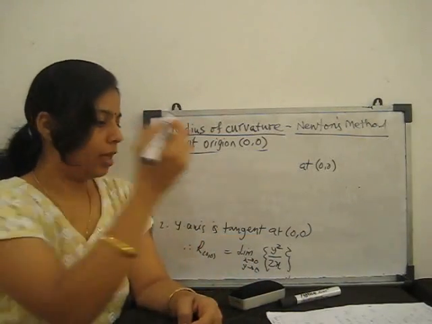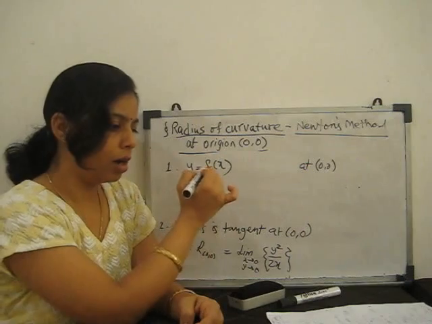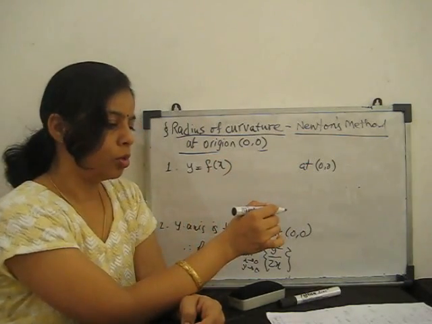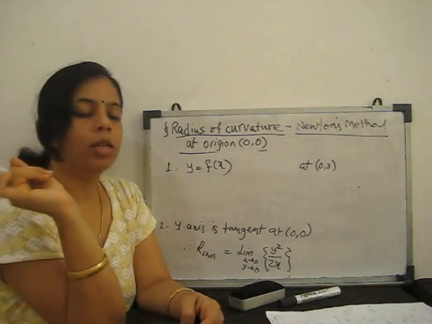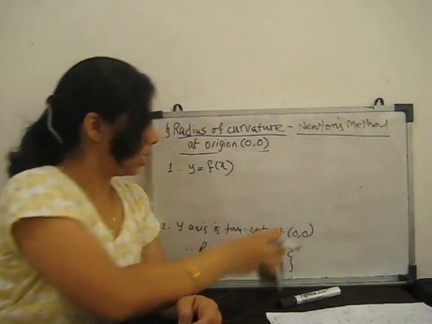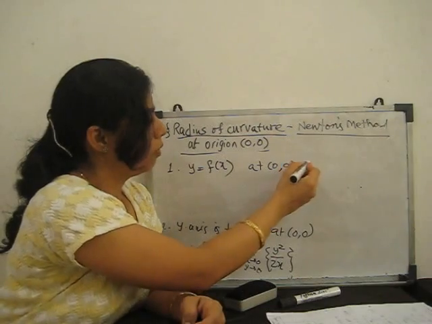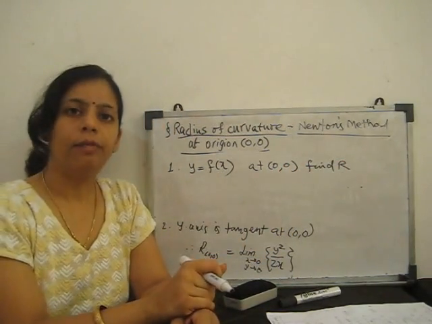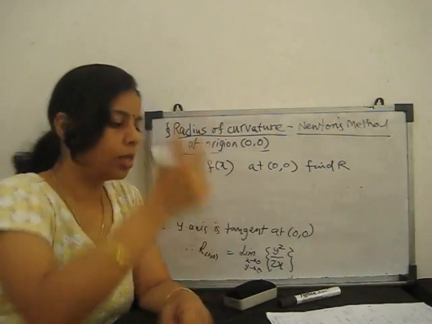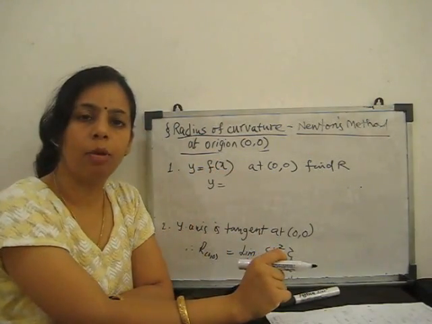but if y is equal to f(x) is our curve at (0, 0), then we have to find out the radius of curvature at (0, 0). At (0, 0), find r. So for it, first we have to use the Maclaurin theorem. What is our expansion of this function with the help of Maclaurin?